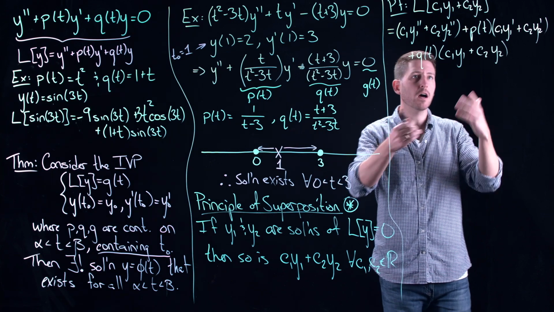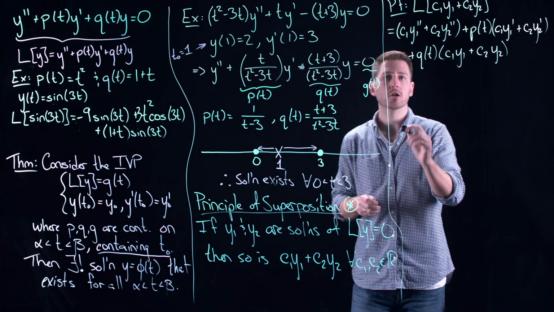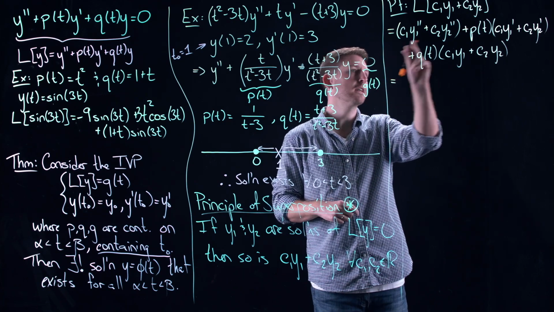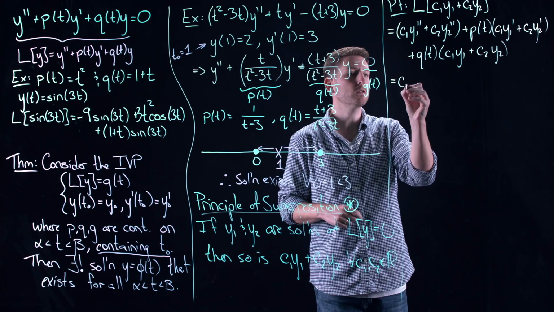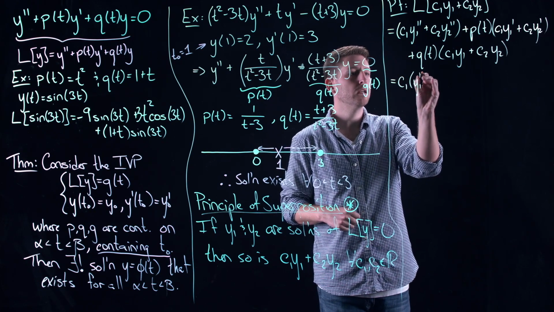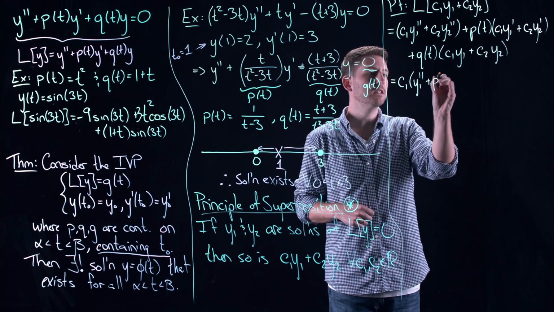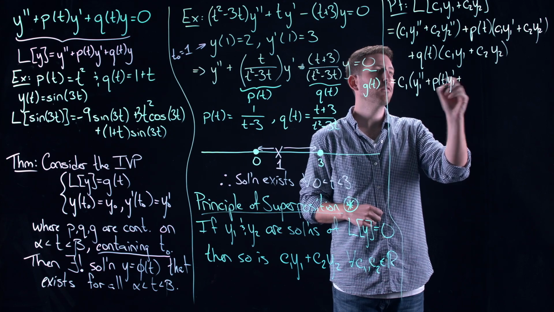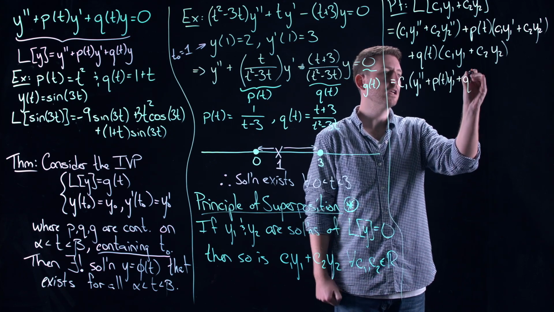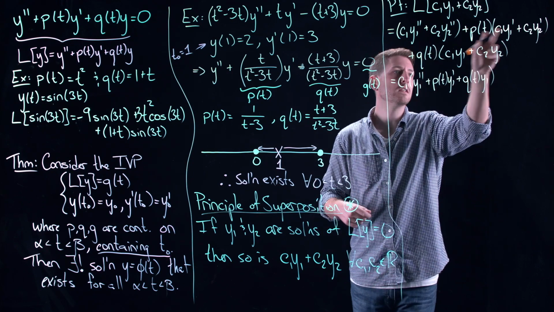I've got a lot of symbolic components here, but let's collect some like terms. Let's collect everything with the C1 in it first. So I get C1, and from the first bracket I get y1 double prime. Then from the second bracket I get P of t y1 prime. And from the last bracket I get Q of t y1. That's all of the C1 terms.